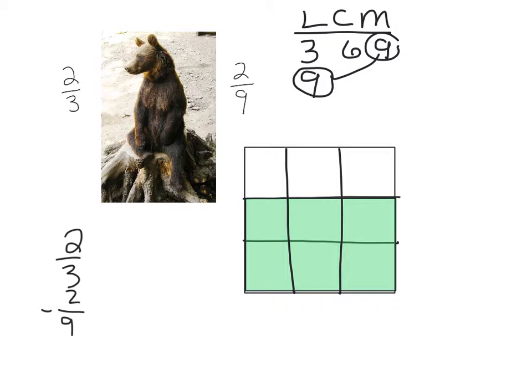And all I have to do is say, hey, I'm going to take this one away, and I'm going to take this one away, and that's going to leave me with 1, 2, 3, 4 out of 9, or 4/9. And that, my friends, is the answer according to the illustration here, or a mathematical model, right?